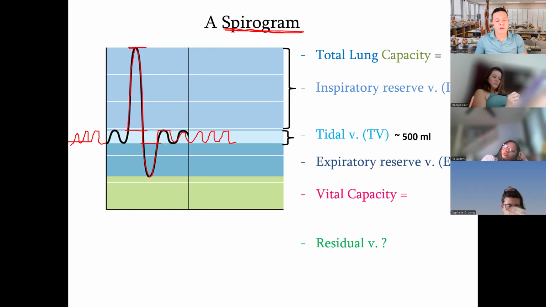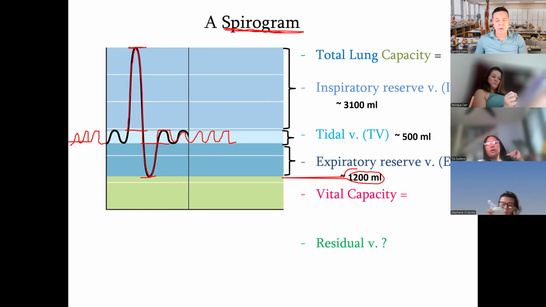Now we're going to get what we call the expiratory reserve volume, or the ERV, which is on average about 1,200 mLs.